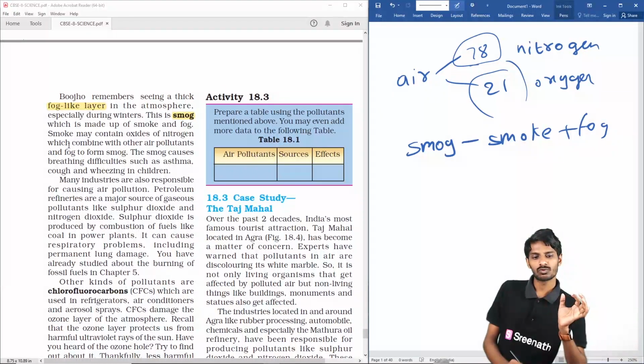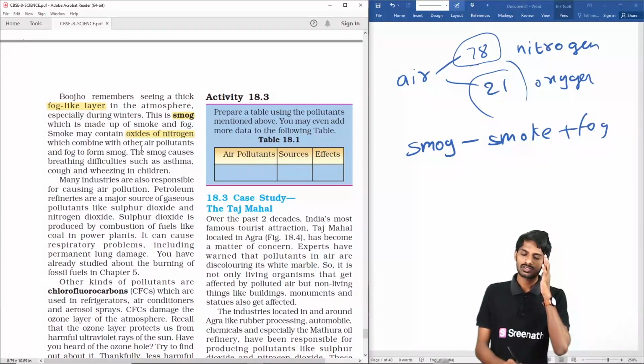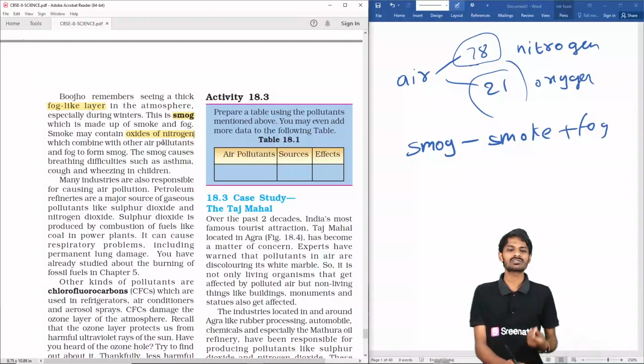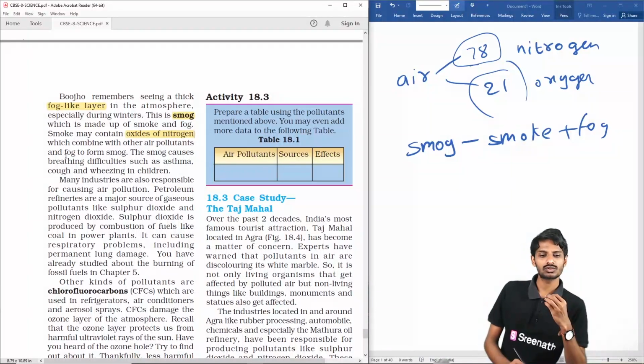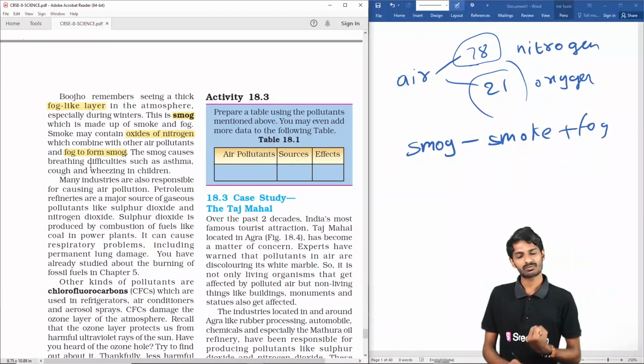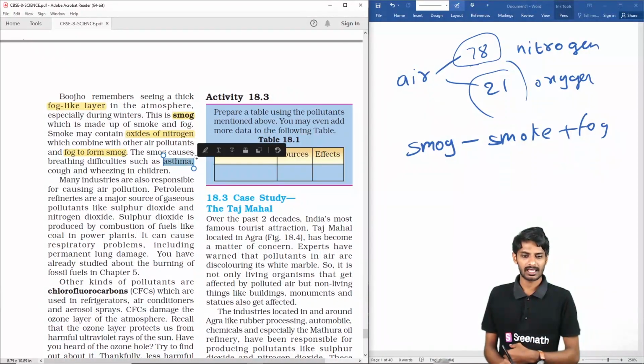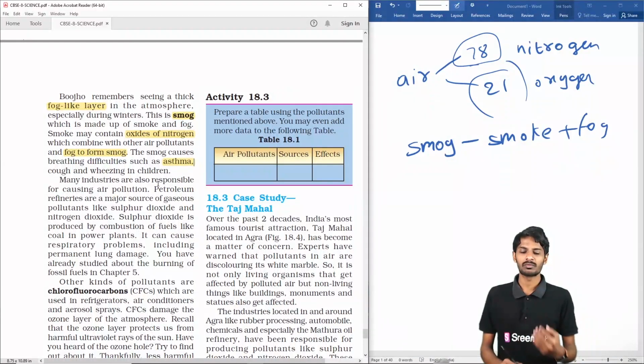This smoke normally contains the oxides of nitrogen, which combine with the air pollutants and fog to form smog. Whenever these nitrogen oxides combine with the pollutants, you get smog, and this causes many breathing difficulties like asthma, which is one of the breathing difficulties many face.